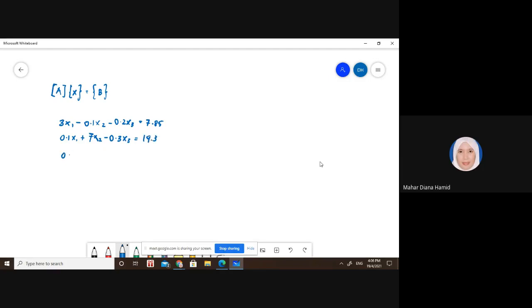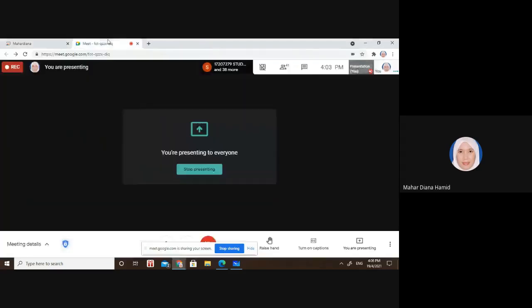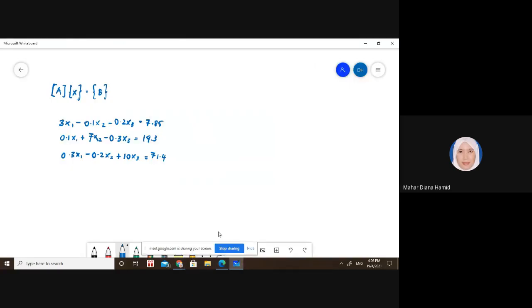and 0.3x1 minus 0.2x2 plus 10x3 equals 71.4. So we have three algebraic equations, and if we try to convert them into matrix notation, it would be something like this.